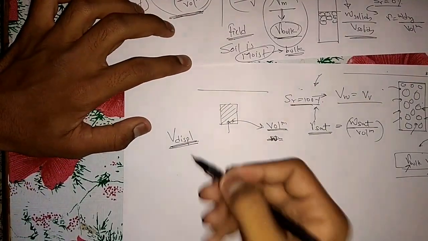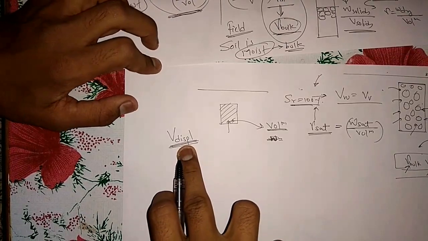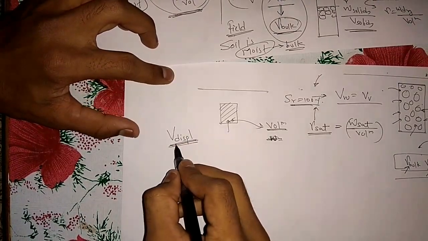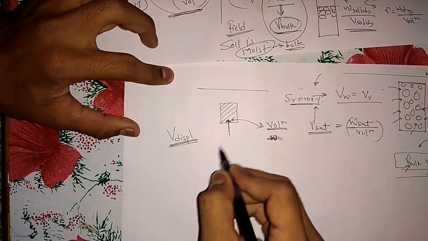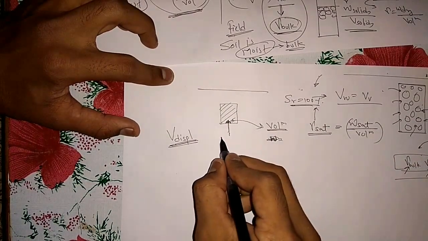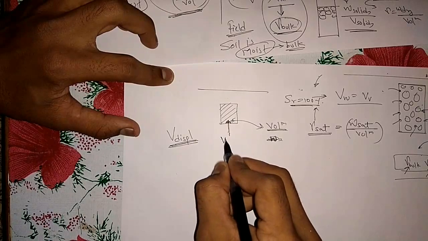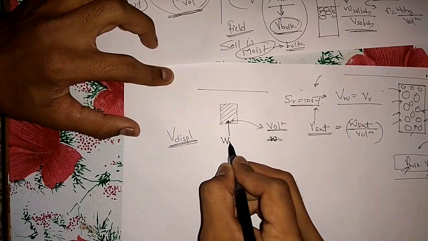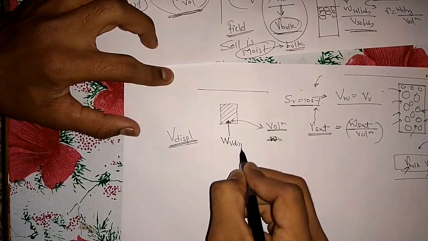So whenever some amount of volume is displaced, this results in an upward force or upward thrust on the dipped body. That would be the upward force, which would be equal to the weight of the volume displaced.